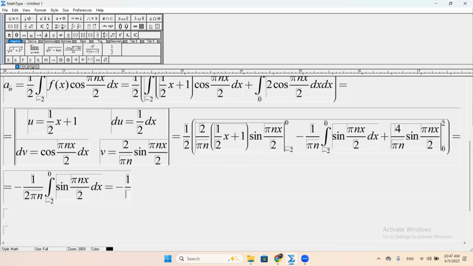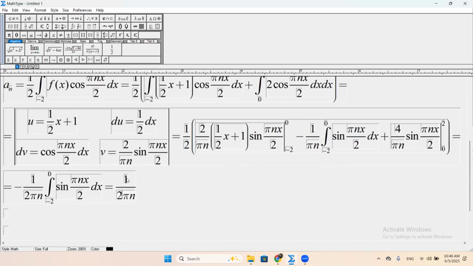Now let's calculate it. Let's move the minus out because we have minus cosine.